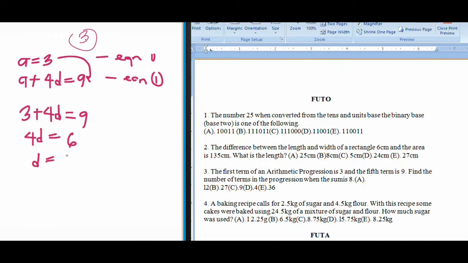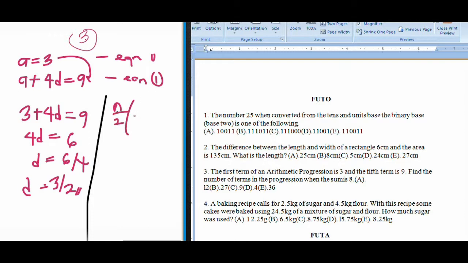Now that we know the common difference, the sum of an arithmetic progression is given as n over 2 into 2a plus n minus 1 into d, where n is the number of terms, which is what we are looking for.